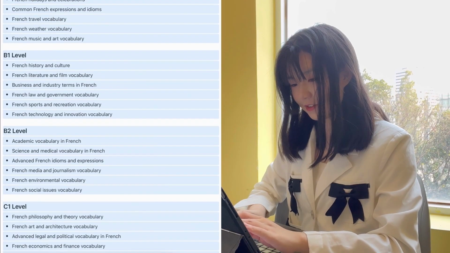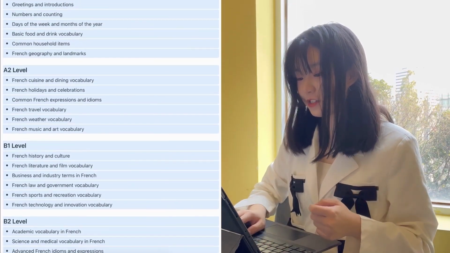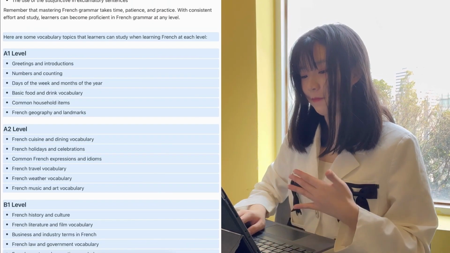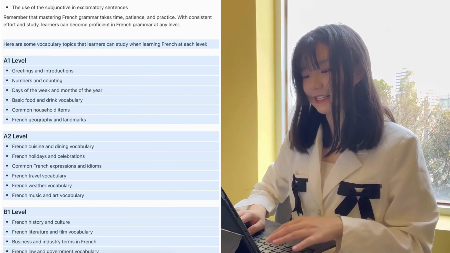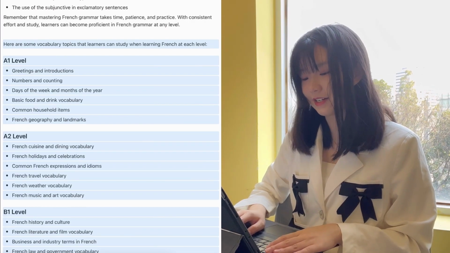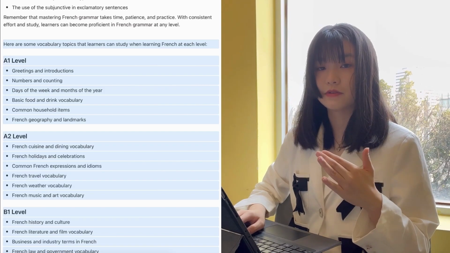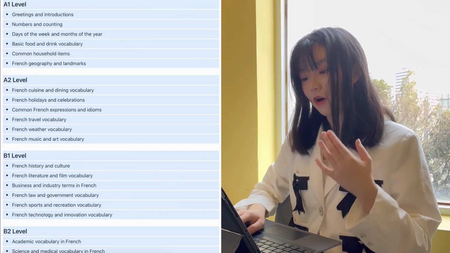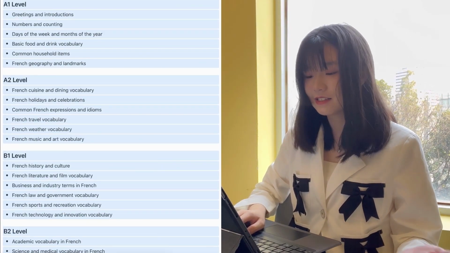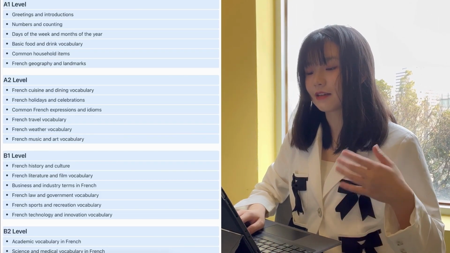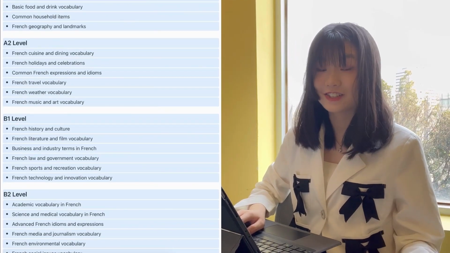These are the topics that are required to be covered. And for A1 level, there are some basic topics like greetings, numbers, days, etc. For A2, it is more advanced, like it talks about the cuisines, like the common French expressions and idioms. For B1, it is more developed vocabularies like history, culture, literature, etc.